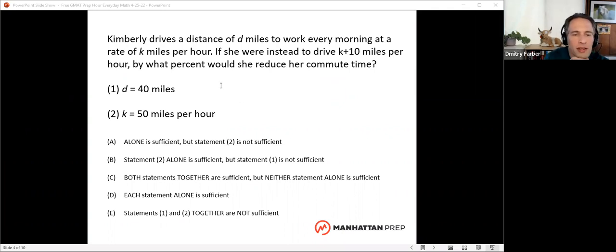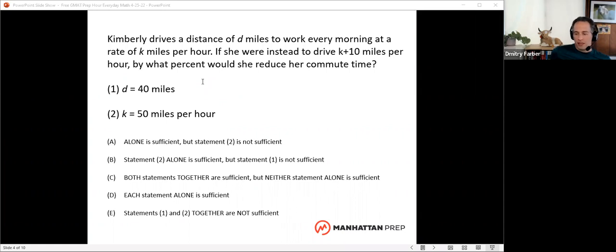So if we look at just knowing the distance, we could say, well, okay, if I know how far she's going, then that certainly should affect the amount of time she spends driving. And I would definitely need to know how far she's driving if I wanted to find out how long it actually takes her. And so even if I don't have the rate, I would say, oh, it seems like statement one is necessary. But in this case, they're not asking us how long she actually takes.